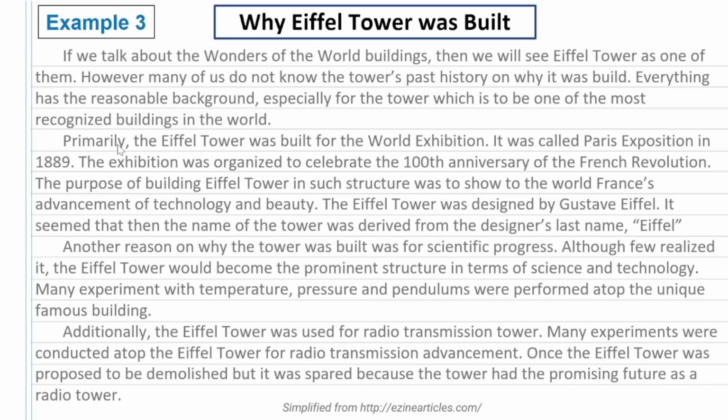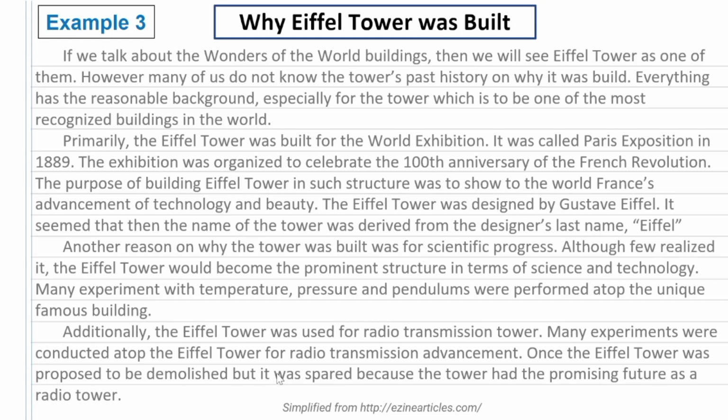Yes, primarily, this is the first explanation. The Eiffel Tower was built for the World Exhibition. So this is the topic sentence of the second paragraph. It was built for the World Exhibition. And the second reason on why the tower was built is scientific progress.